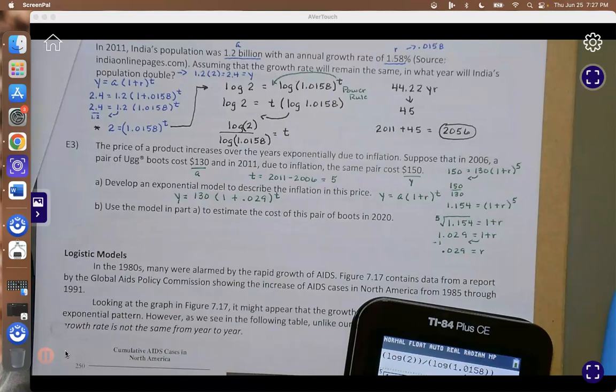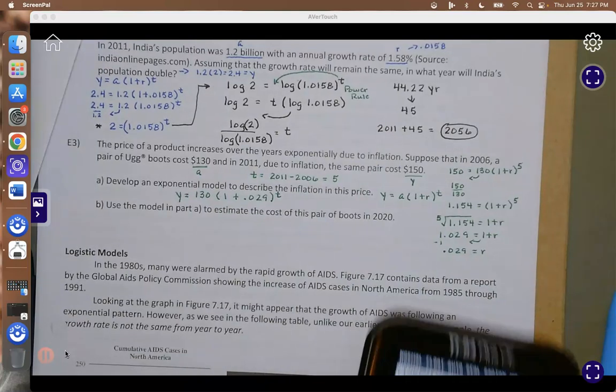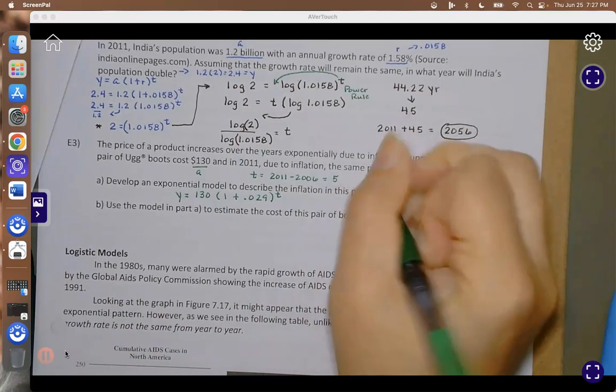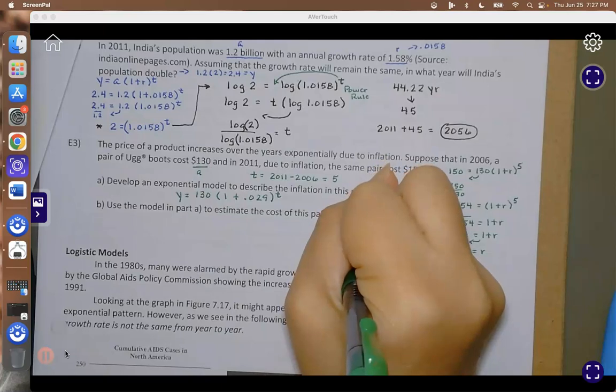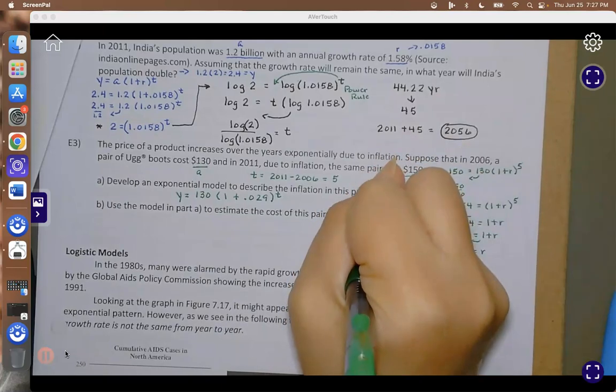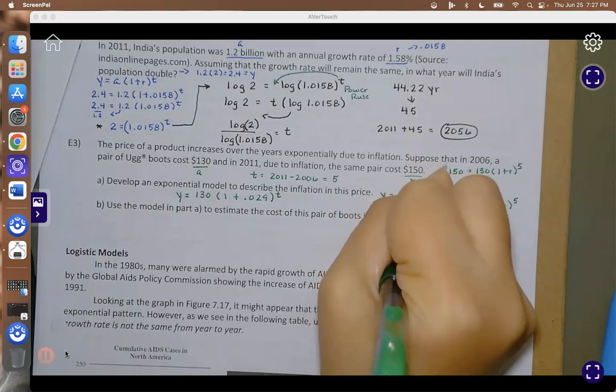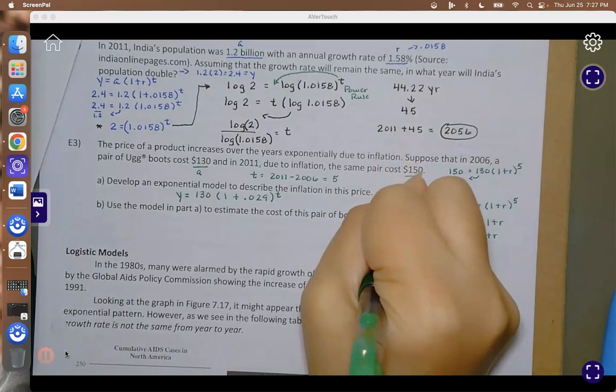Use the model in Part A to estimate the cost of a pair of boots in 2020. So when we started this, it was 2006. So 2020 minus 2006 is 14 years.